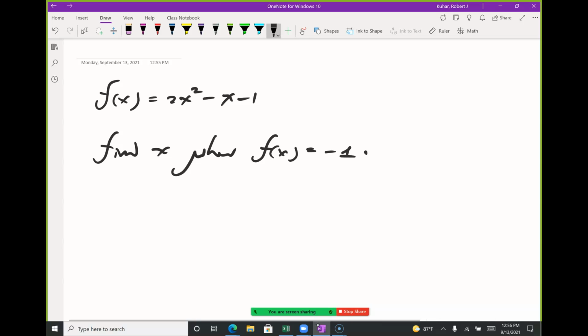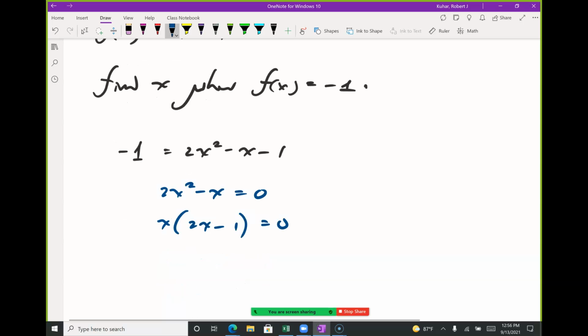So pretty simple, right? I'm just setting the function equal to -1. This all feels like a review, am I right? This feels like you've done this before? Yeah, nice. Thank you, Sarah. So I get 2x squared minus x equals 0, and I'm going to factor. So it looks like x is 0 or x is 1/2.